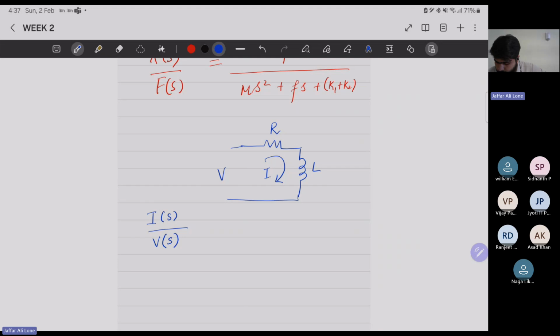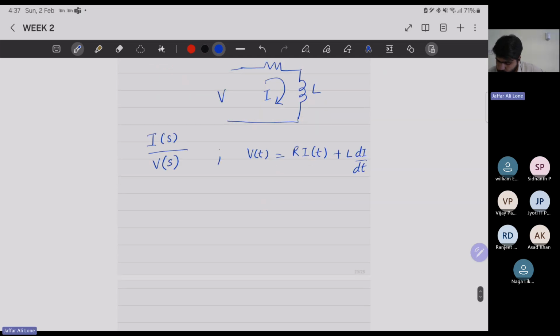Right? We can write Kirchhoff's laws, very simple. v(t) is equal to R i(t) plus L di by dt. Now taking Laplace, we have V(s) is equal to R I(s) plus L times the Laplace of di by dt, which we know is s into I(s). Since this is the transfer function, we assume all initial conditions to be zero.